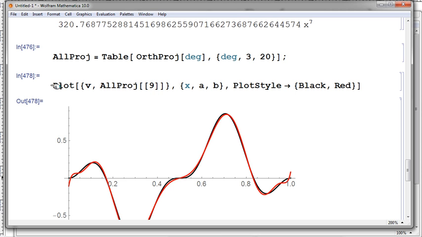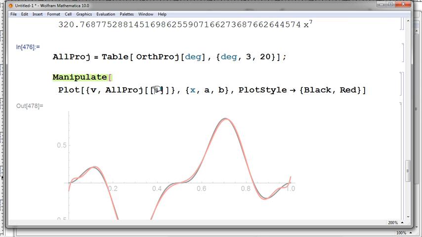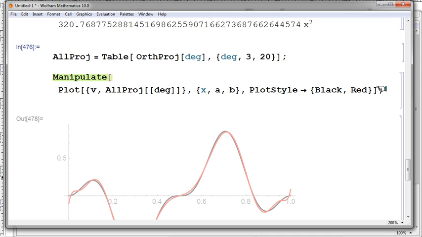You just surround this one by Manipulate like this, change that to degree, and connect, and down here degree varies from 3 to 20. That's not it. Degree is actually indexed in here, so I have to call it index. The number of elements here is 18, I think, so K goes from 1 through 18.